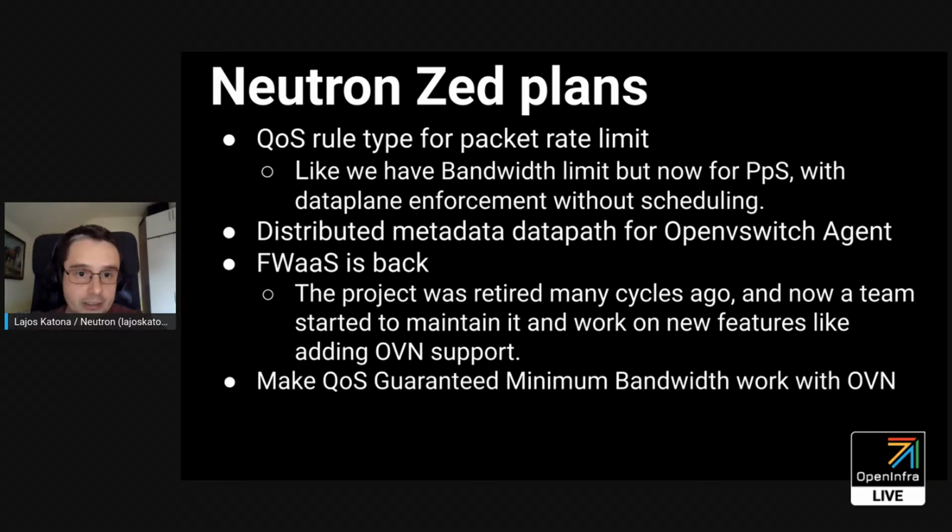One is again a QoS feature. The previous one was the minimum guaranteed packet per second, but there is another, the packet rate limit. It is an analog of the bandwidth limit QoS rule type, but for packets per second.